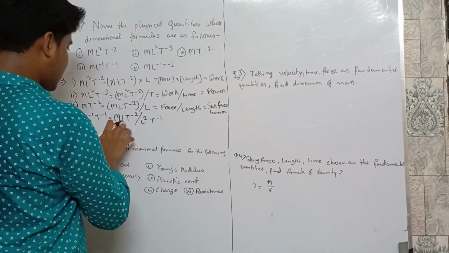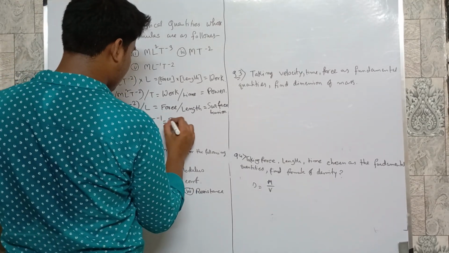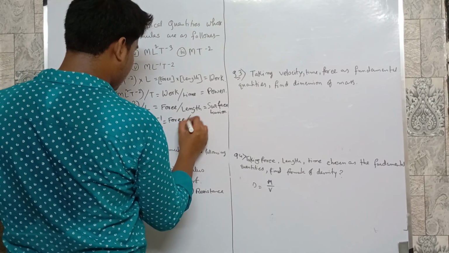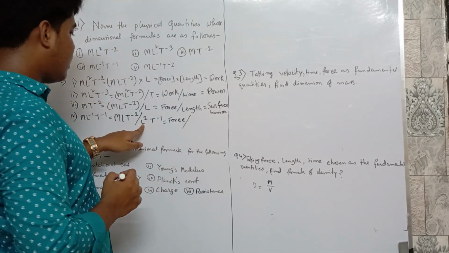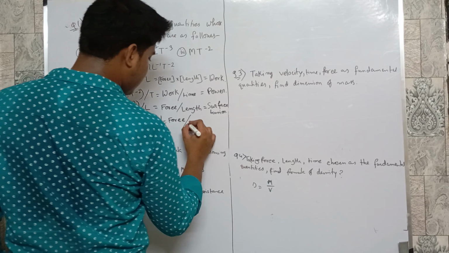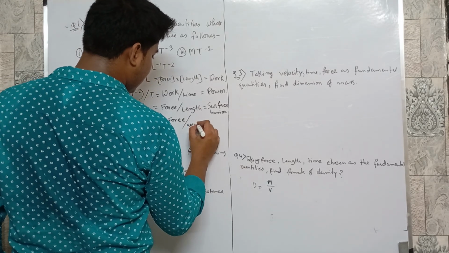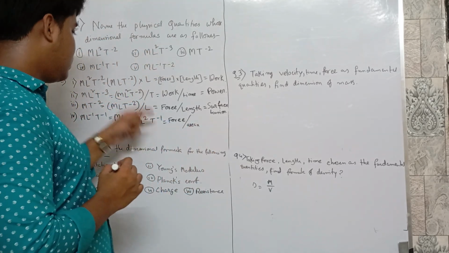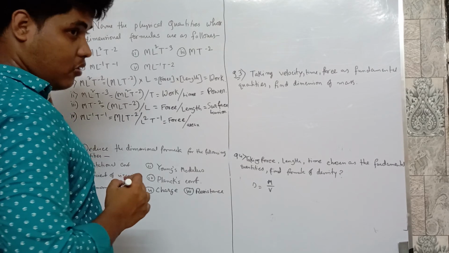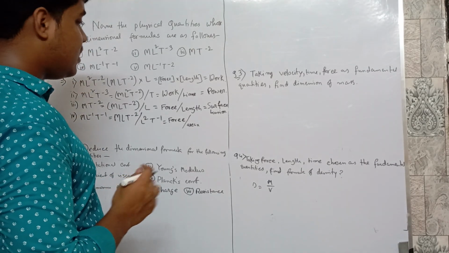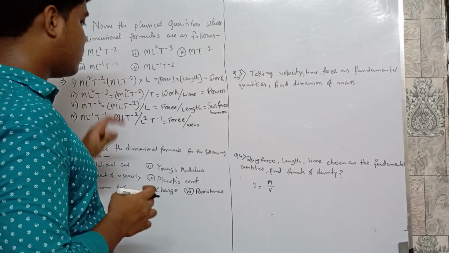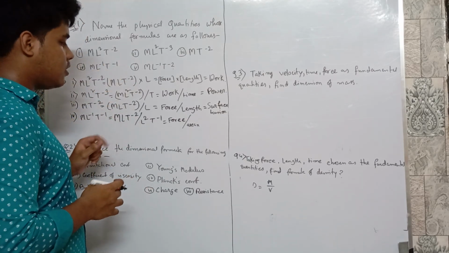So this is basically force divided by L square, which is the dimension of area, so force per unit area, and T to the power minus 1 is the dimension of velocity gradient. Velocity gradient means change in velocity per unit distance, so dv by dx kind of.